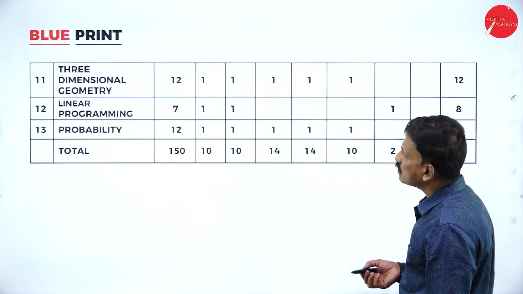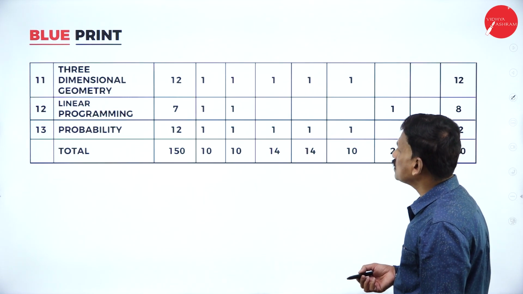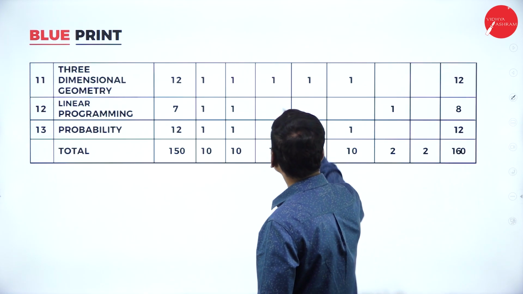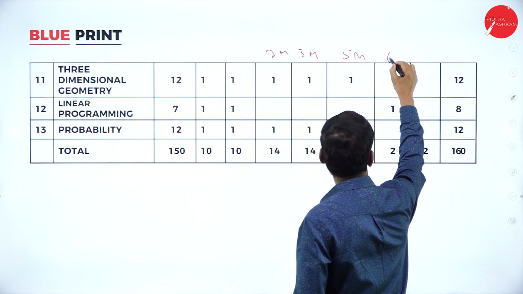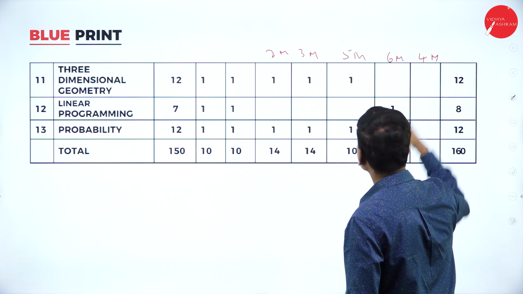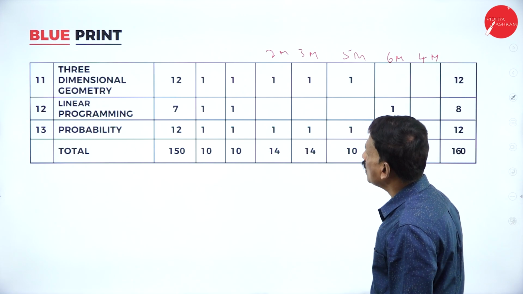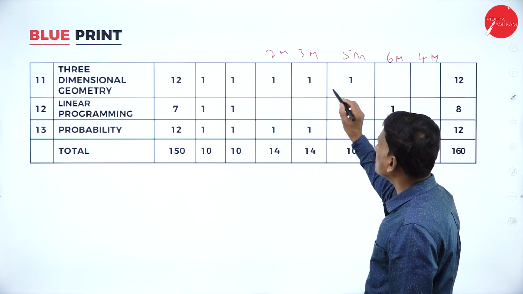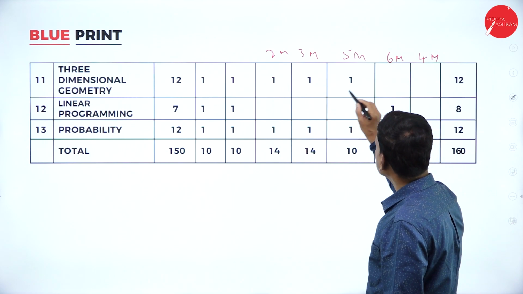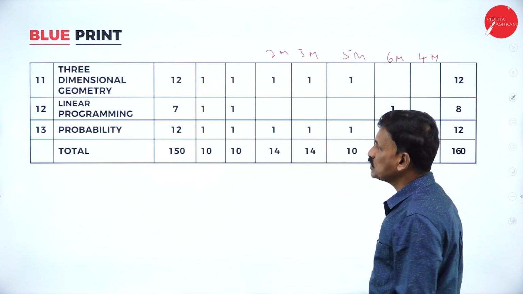Now move on to the next, three dimensional geometry. In 3D geometry, here it is 2 marker, 3 marker, 5 marks, 6 marks and 4 marker. So in 3D geometry you will have one MCQ, one mark question, 2 marks 1 question, again 3 marks 1 question, 5 mark 1 question, totally 12 marks.